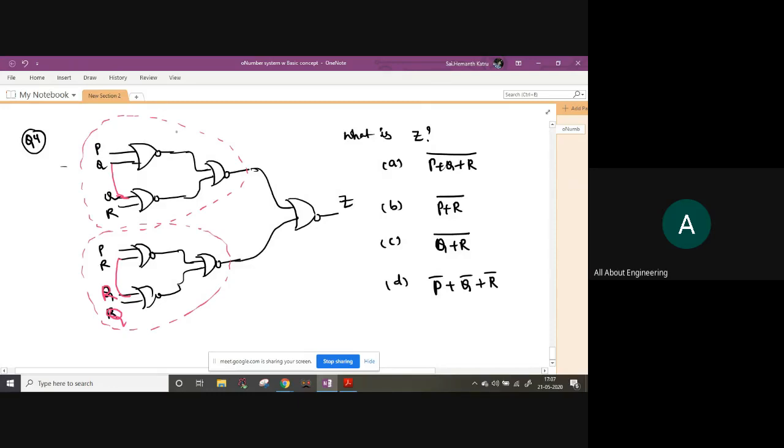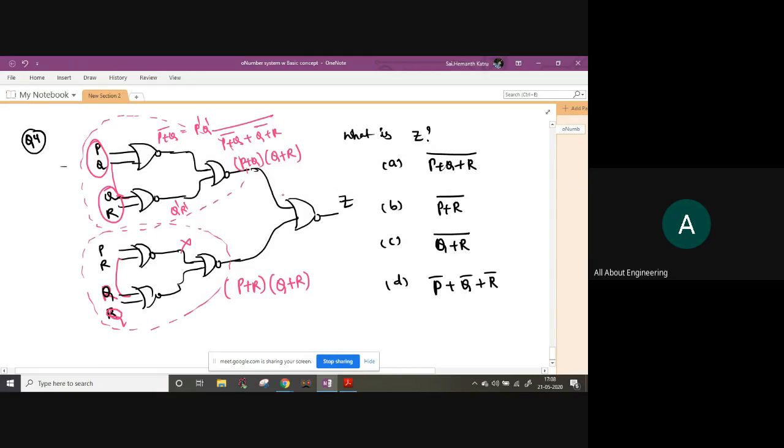Here, P plus Q whole bar, which is nothing but P bar Q bar. Here Q plus R whole bar, so nothing but Q bar R bar. Again these two are NOR operations, so P plus Q whole bar plus Q plus R whole bar, total whole bar. So you'll get P plus Q and Q plus R. So similarly you will get here P plus R and Q plus R. So no need to solve this part then.